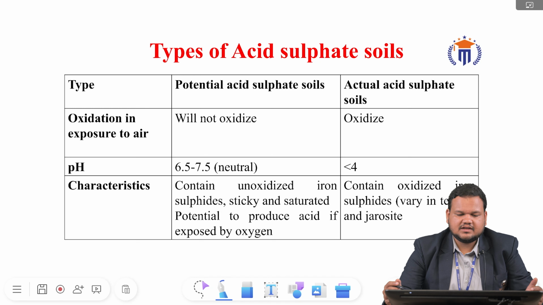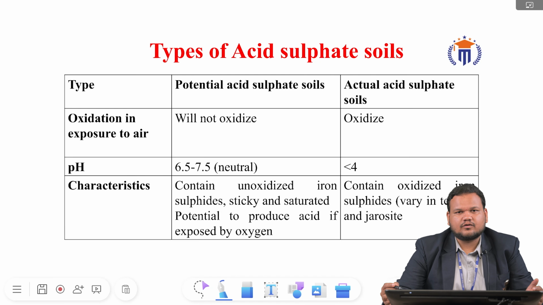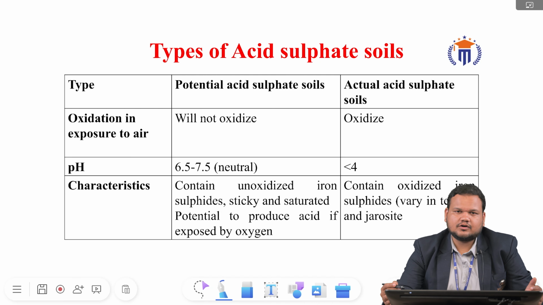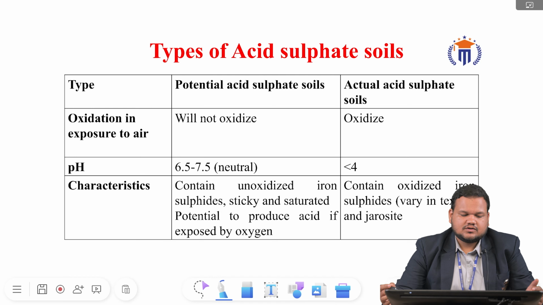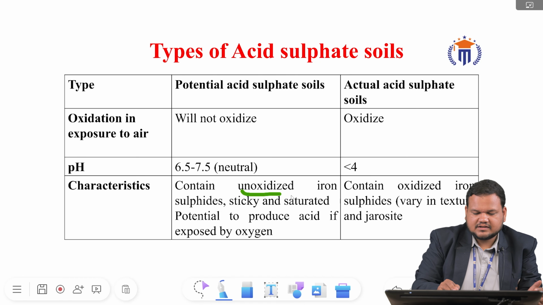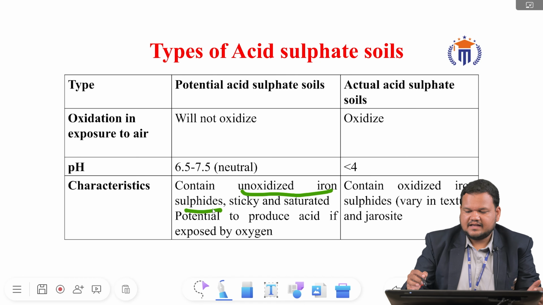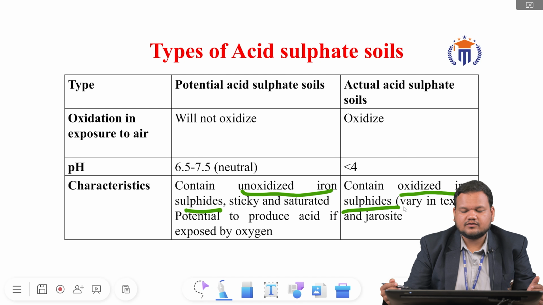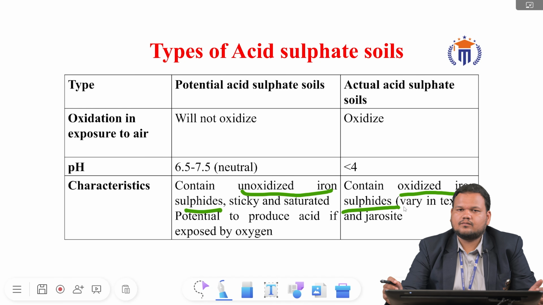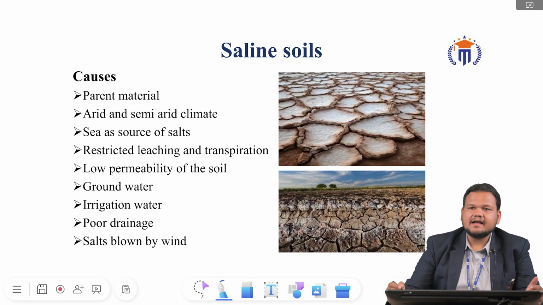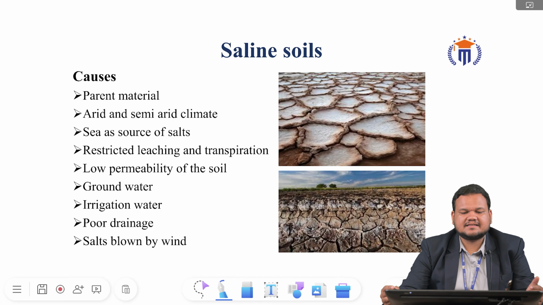There is no problem with potential acid sulfate soils. Whereas your actual acid sulfate soils have a pH less than 4, varying from 2 or 2.5 to around 4. So the potential ones contain unoxidized iron sulfides, whereas the actual ones contain oxidized iron sulfates, which lead to formation of jarosites.